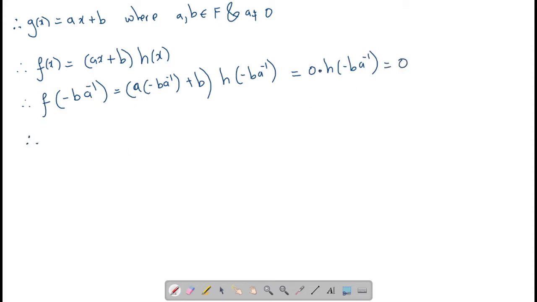And therefore it tells us that -b a^{-1} is a root of f.